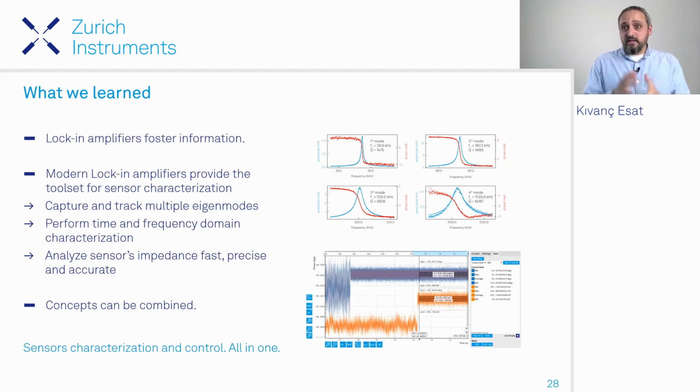We also have the time and frequency domain characterization tools to understand the sensor's behavior. And in addition, to analyze its impedance, an impedance analyzer based on the lock-in provides fast, precise, and accurate detection as well. These concepts can be combined, as in this example, a phase lock loop and another PID for automatic gain control, and even more complicated schemes are possible.